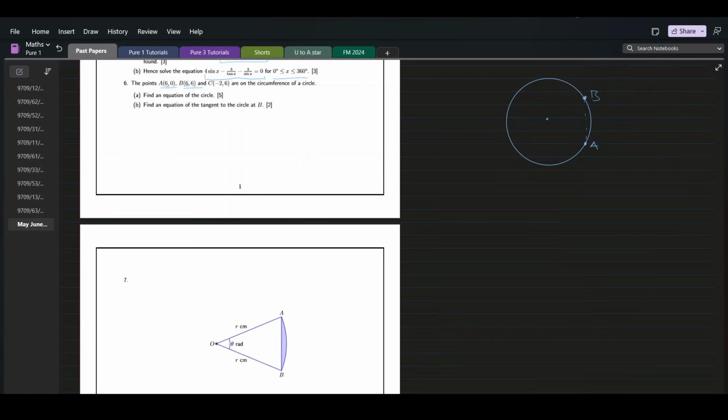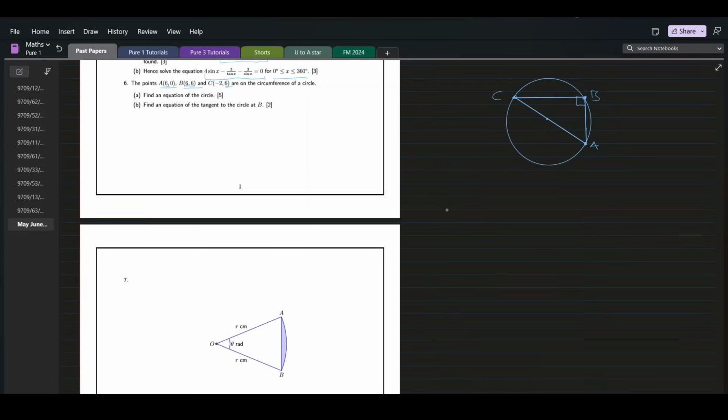Notice how B and C share the same y coordinates, which means they are at the same height. So C would probably be somewhere here. And if we join the points going from C to B and then from B to A and then A through to C, you can notice that we form a right angled triangle.